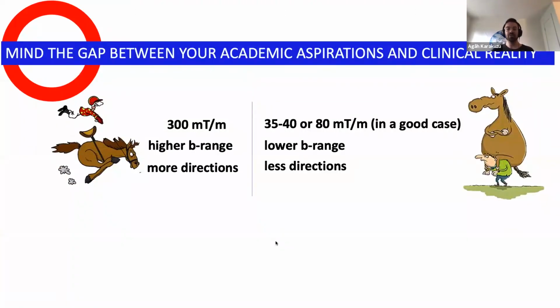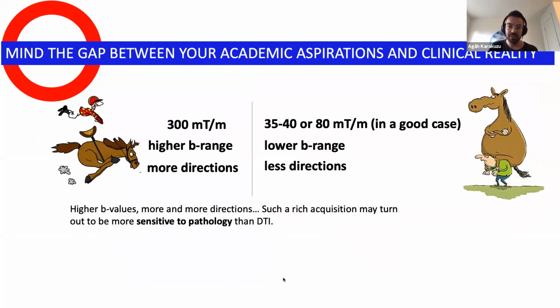While doing so, we should also think about the gap between our research interest and the clinical reality. I think in research settings, we are lucky to work on powerful scanners with 300 millitesla per meter high performance gradients that allow us to acquire data at high b-values and more directions. Whereas in clinics, this is rarely the case.